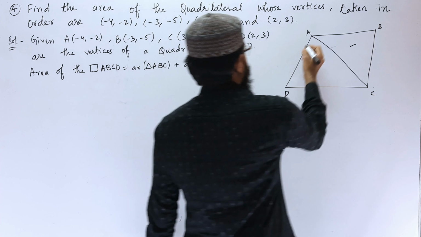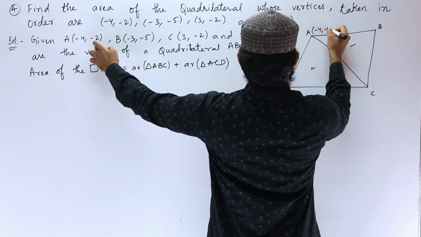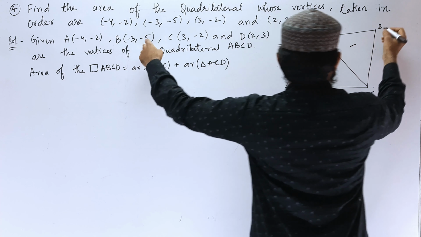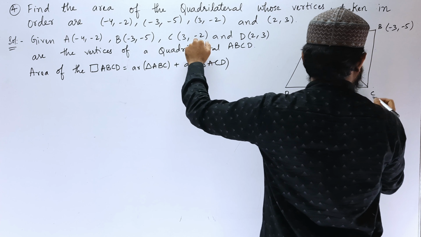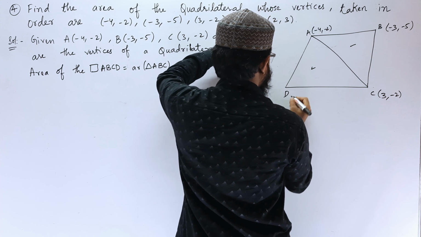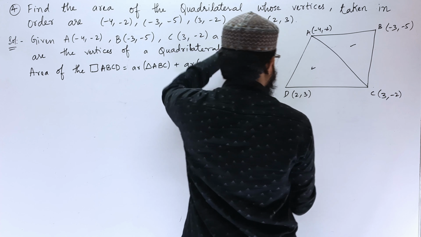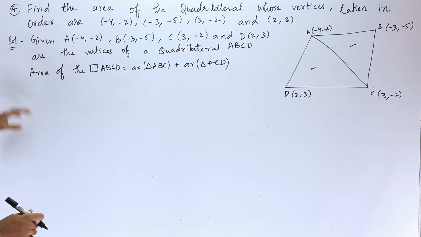So here A is minus 4 comma minus 2, B is minus 3 comma minus 5, C is 3 comma minus 2, D is 2 comma 3. So these are the vertices. Now let us find out the area.